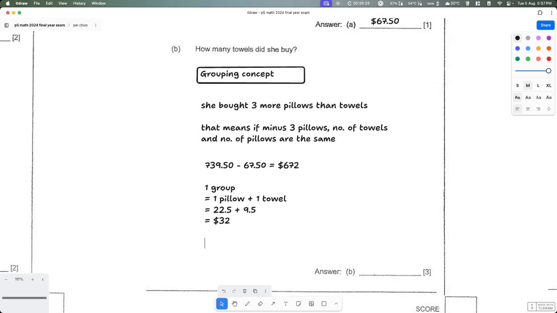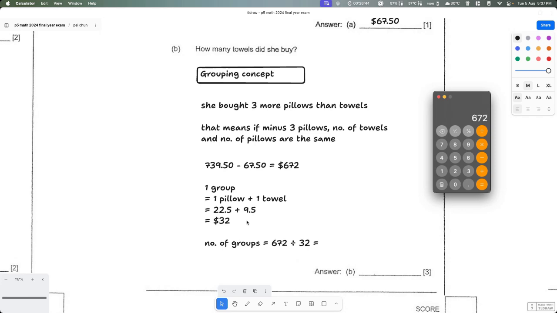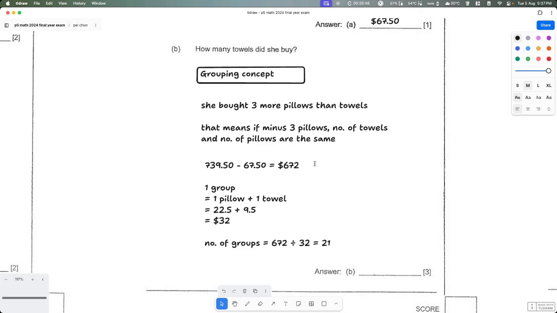Okay, so the number of groups is equal to 672 divided by 32, right? So 672 divided by 32, okay, this will give us 21. So how many towels did she buy? 21 towels.